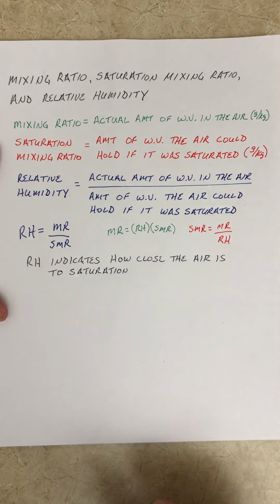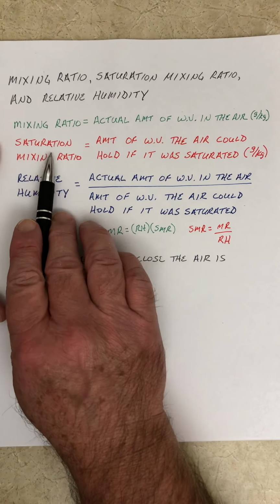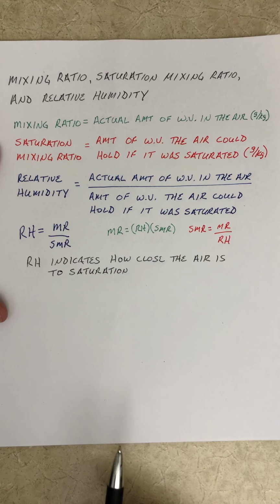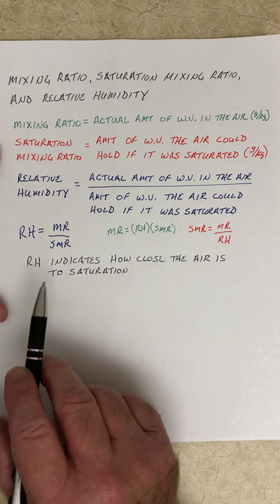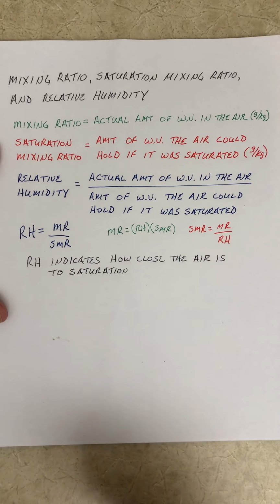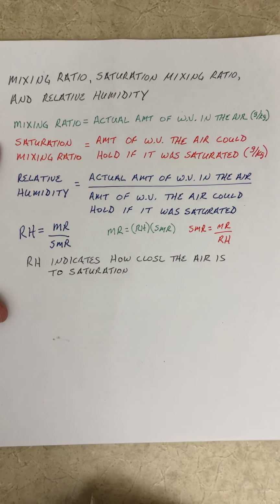Now, one thing that I probably should have mentioned to you, that the saturation mixing ratio and therefore the relative humidity depend on the temperature. And so if I say the relative humidity is 85%, the air is 85% of the way to saturation at that temperature.